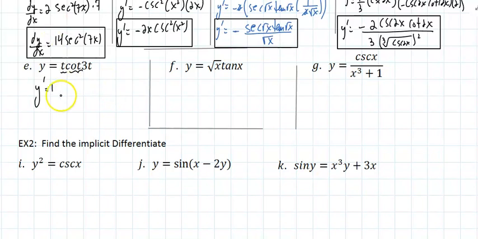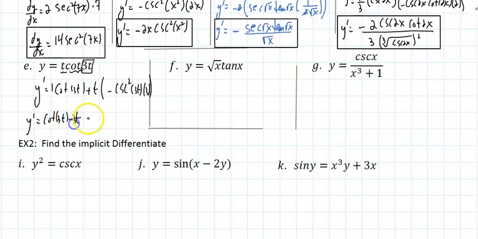So 1 times the cotan of 3t plus t times derivative of cotangent, which is cosecant squared with a negative, times, of course, by the chain rule, the derivative of the angle. That's going to be cotan of 3t minus 3t times the cosecant squared of 3t.